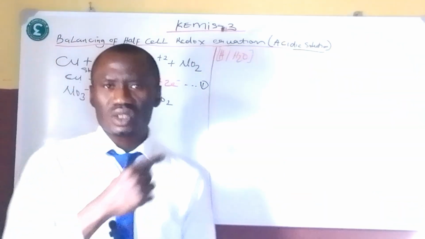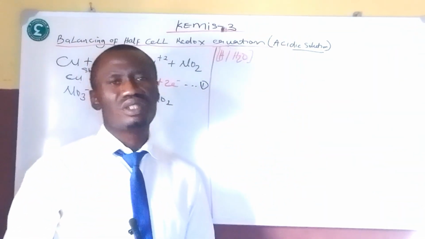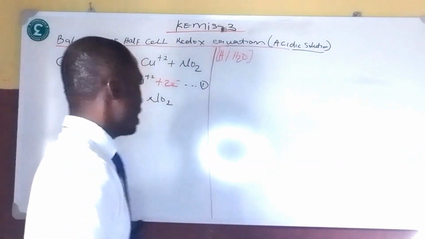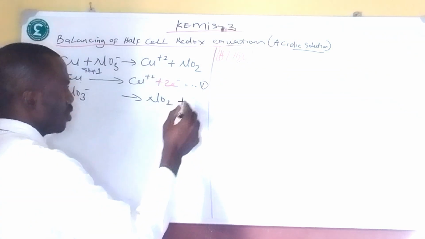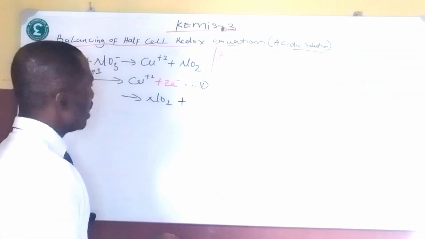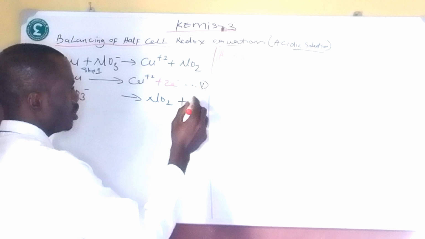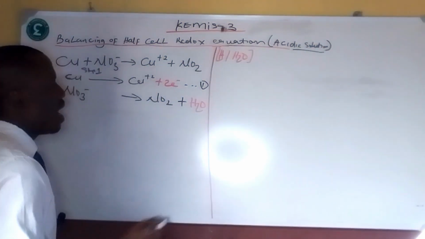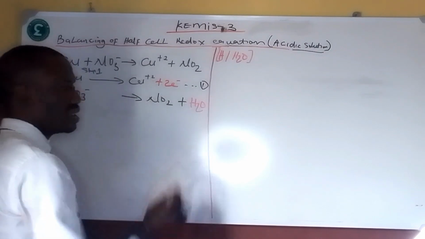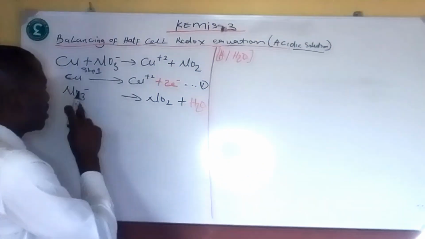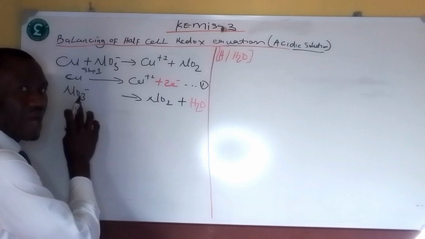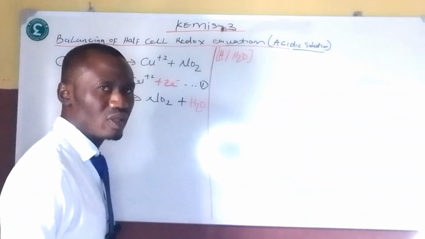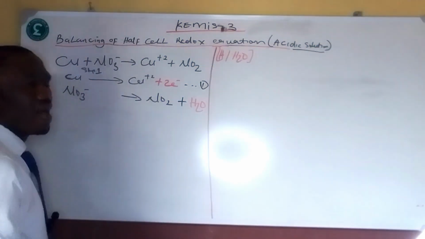Now, in this condition, to balance out the oxygen, we are going to add water to the product side. If I add H2O to this side, you notice that now I have 2 oxygen plus 1 oxygen, that is 3 oxygen, and 3 at this side. It's now balanced.